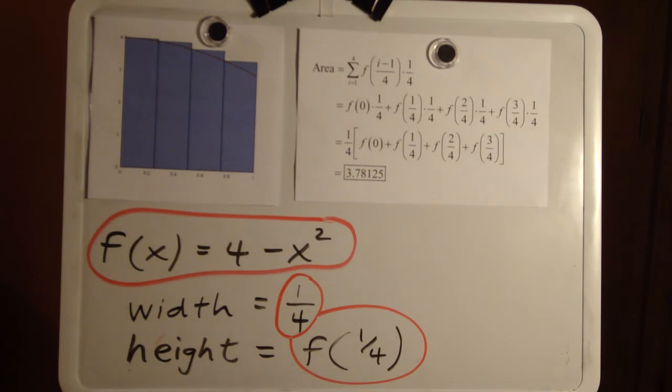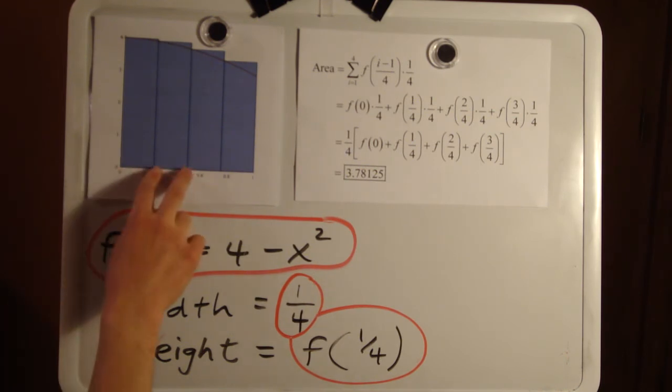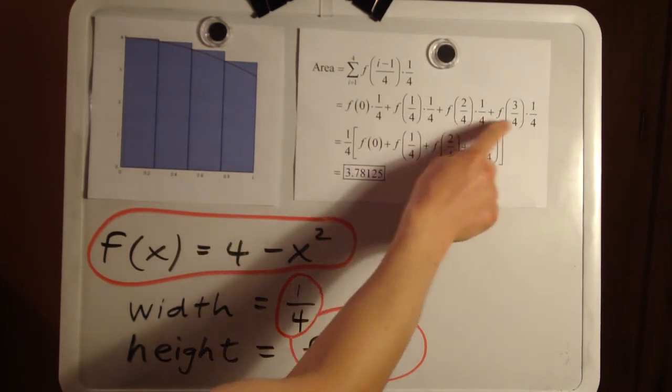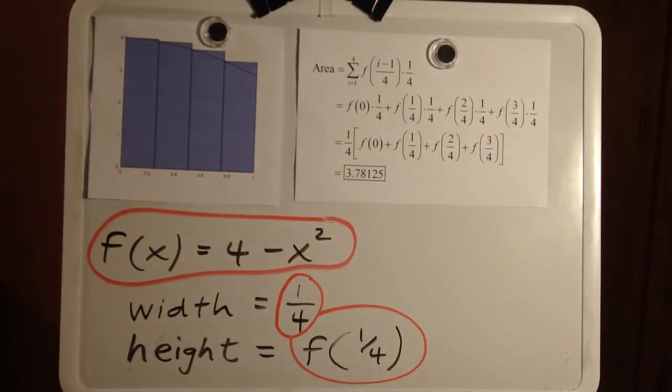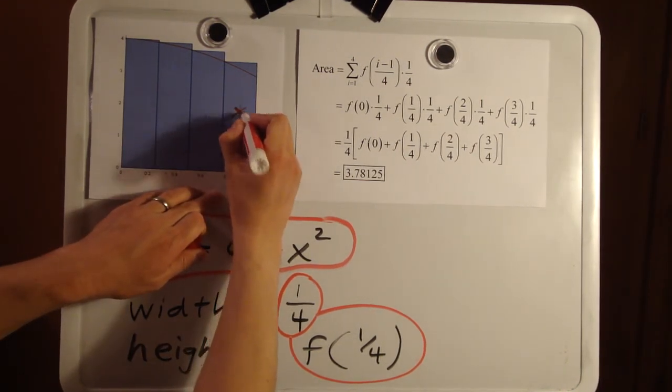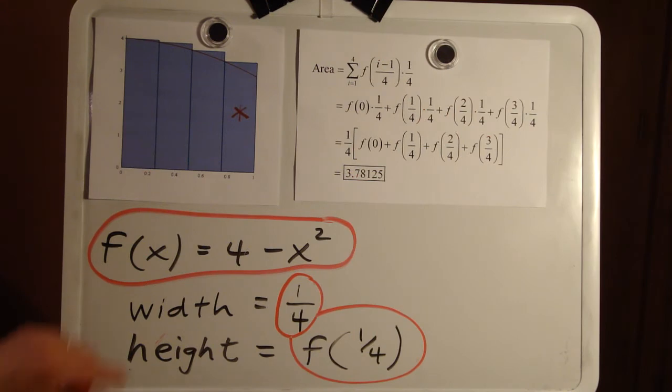So if you're using 4 rectangles, you're still going to have a width of 1/4 for each one of these. So you can see that number show up 4 times. But then the thing you'll notice, for example, you might focus on the last rectangle. If you ask yourself, what number do you have to plug in to get the height of that rectangle?